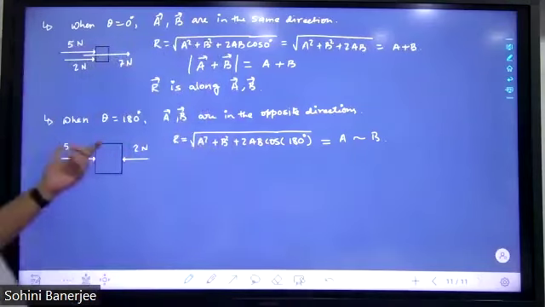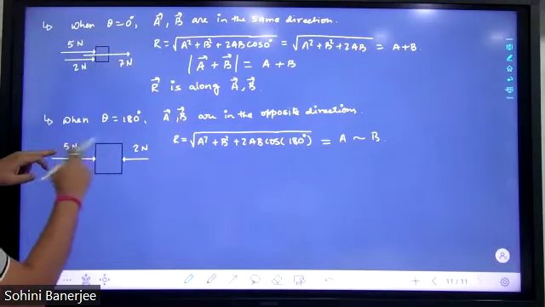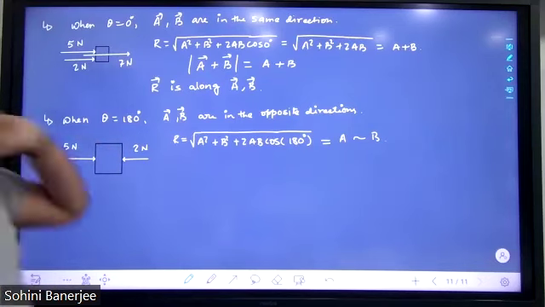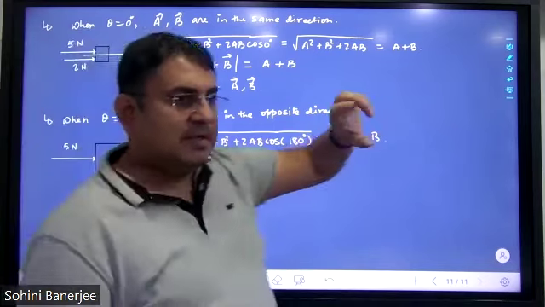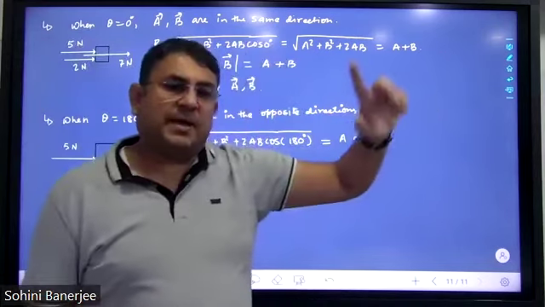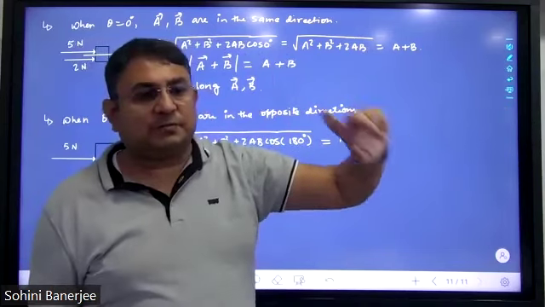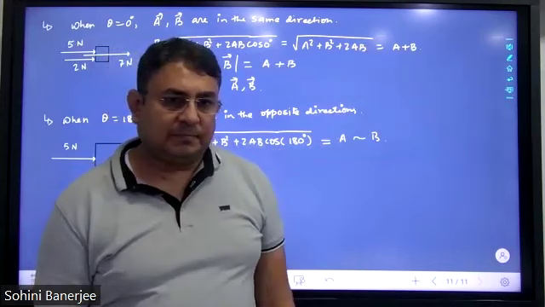That means in this example, resultant is 5 minus 2 because 5 has greater magnitude than 2. So resultant is A minus B in case magnitude of A is higher, B minus A when magnitude of B is higher. Clear?